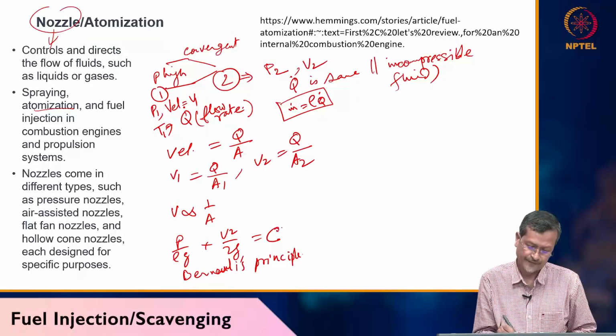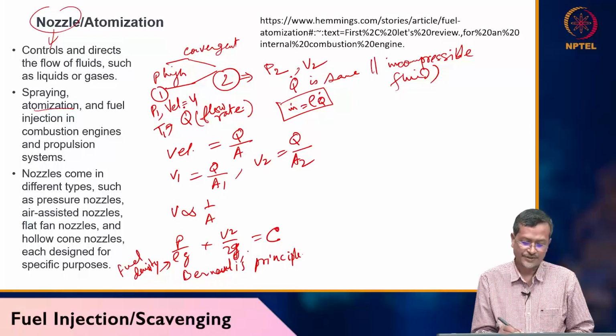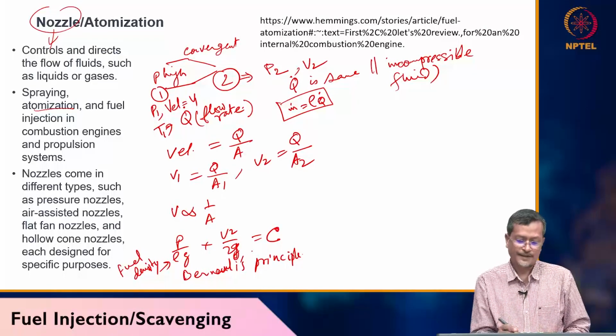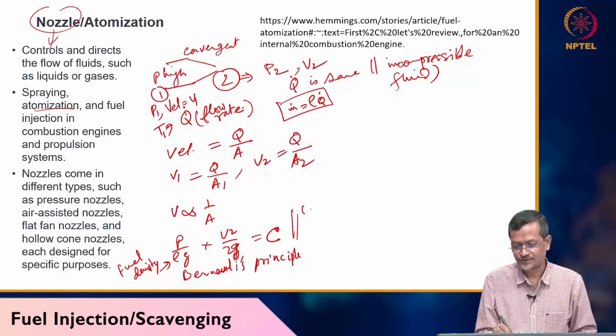C means constant, g means acceleration due to gravity, rho means density of fluid or fuel density, P is pressure, V is fluid velocity. Now if V is increasing, P must be reduced, then the total term will be constant. This term is actually energy, so this is actually the energy equation.